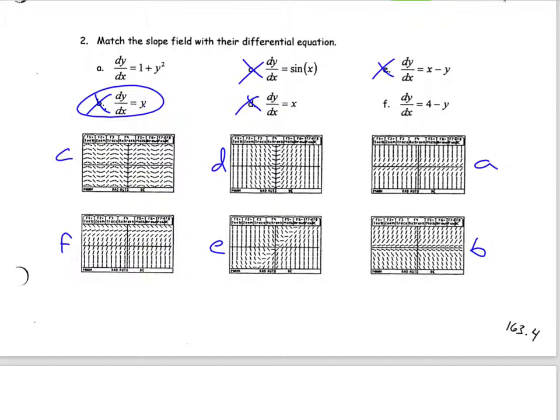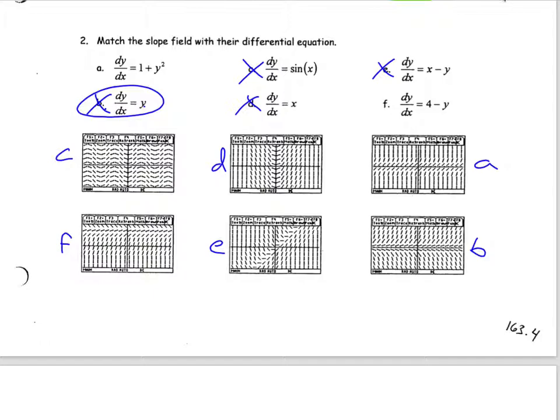Here's what I'm going to recommend to you, and that way I go a little bit quicker. First thing you want to do is identify your trick stuff. The trick stuff is pretty easy to recognize. Then we want to do what we did: are my vertical slopes the same? Are my horizontal slopes the same? Then the next thing I want to do is find some zeros. Do any of my slopes have 0 slopes in them?